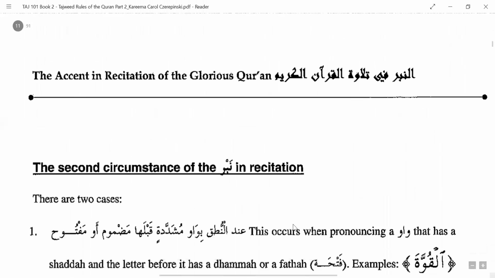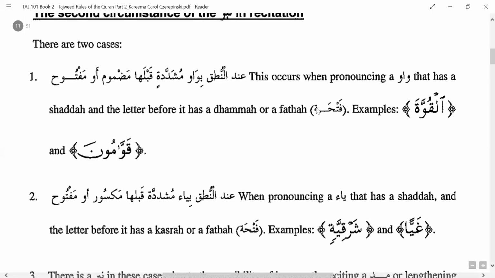Then the second one we saw why we have to do nabr. Which is that case when we have to do a nabr? Second one. You can remember Surah Al-Fatiha for this. You have a wow or ya preceded by the same sign or by a fatha.